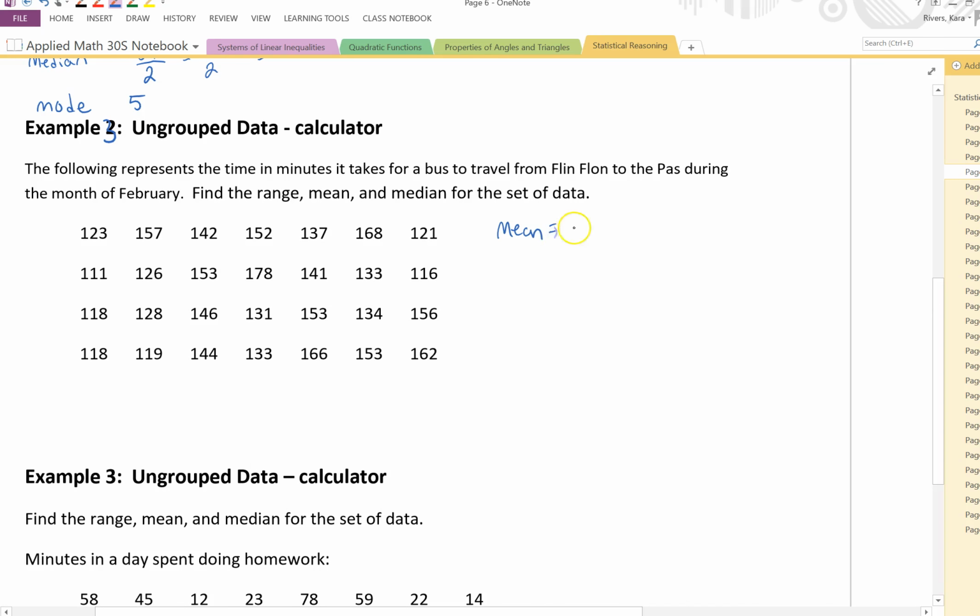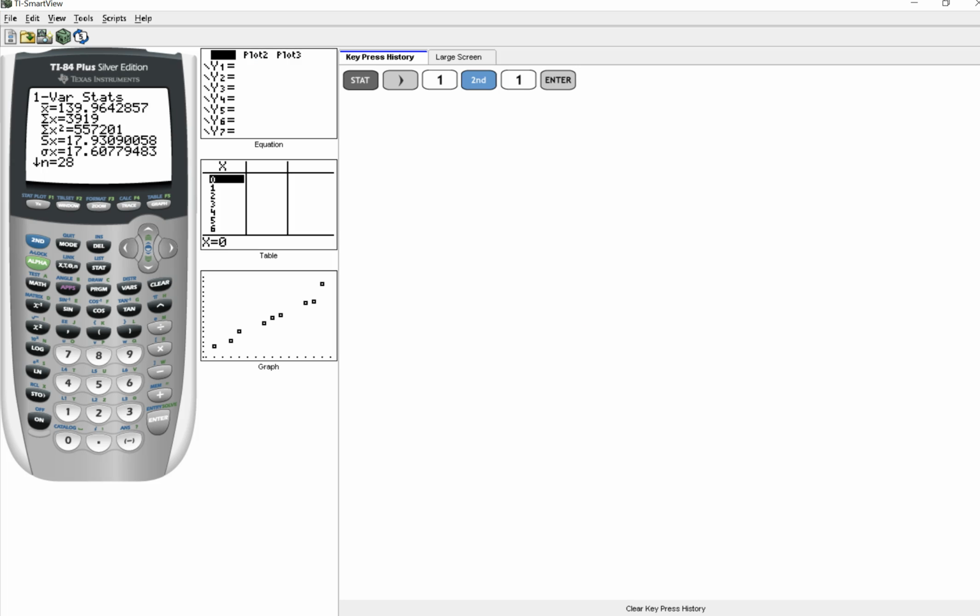Mean, 139.96. And if you want, you could start using the symbol. So instead of writing mean, you can write that, and you're going to get more and more comfortable with the symbols. The median and our range. Now remember, for our median, that's given to us in our calculator, Med, 139.